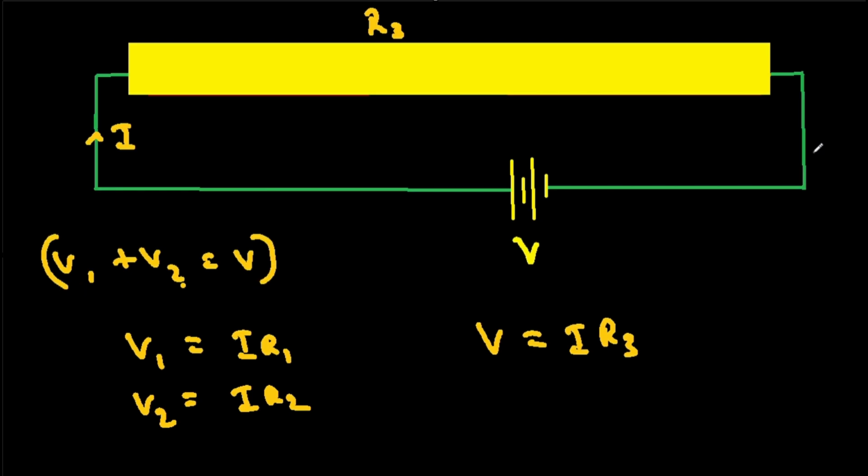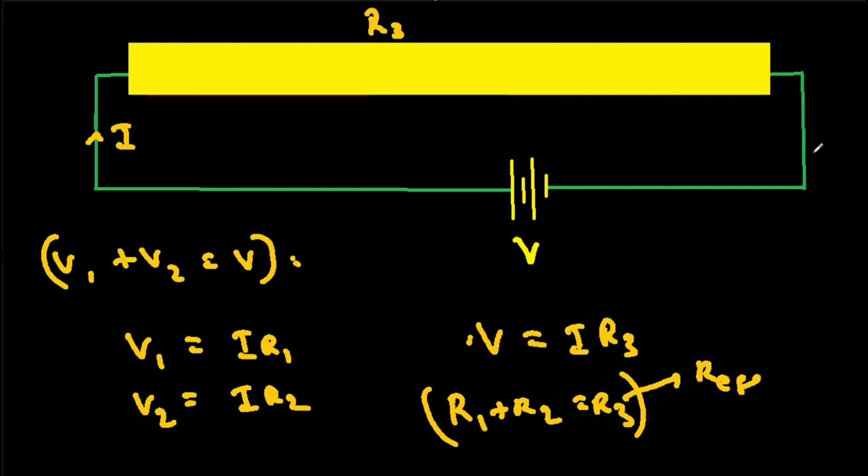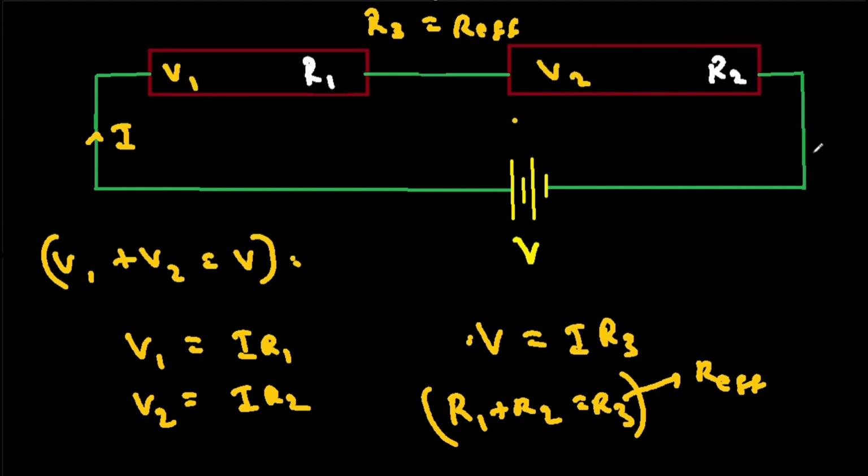So just put this in this, and we get R1 plus R2 equal to R3. And this R3 is known as R effective, the effective resistance. It means that whenever we place a new resistor replacing all the series ones, we get the value of R effective as the summation of all the series ones.